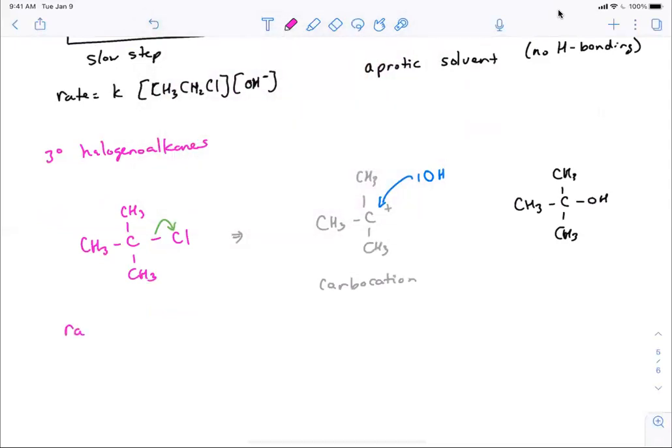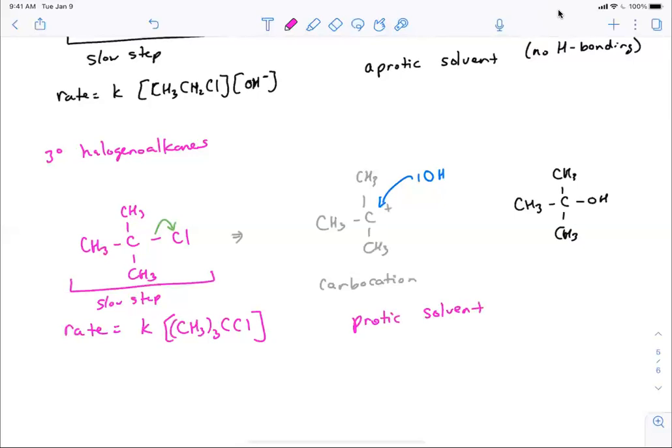Now here, because this is your slow step, the rate only depends on your halogenoalkane, because the hydroxide is not involved in your slow step. It has to wait for the carbon to break its bond and allow the carbocation to form, then react with the OH, which is why you're allowed a protic solvent.